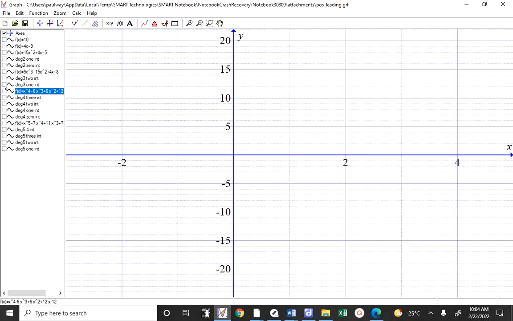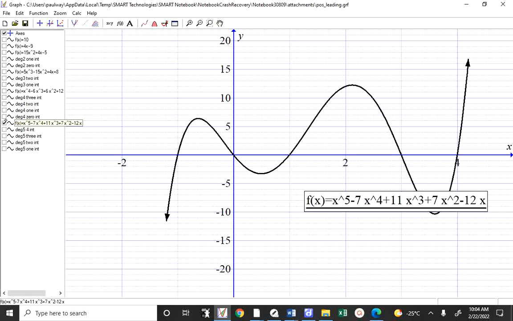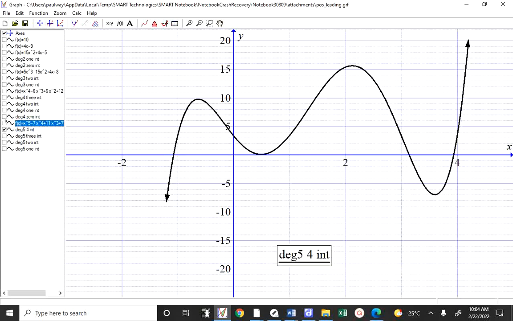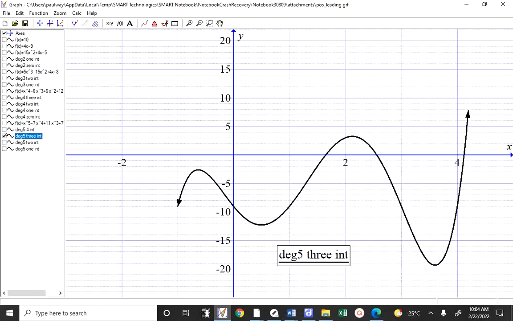I think you get the idea, but there's a degree 5, and if you count the x-intercepts, you will see there are 1, 2, 3, 4, 5. Could we have 4? Sure. It still has that shape. Could it have 3? Yeah, I can move it up and down to get 3.